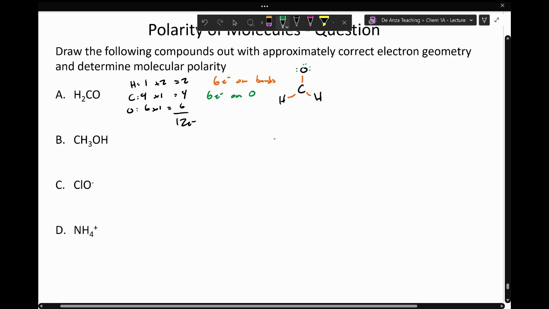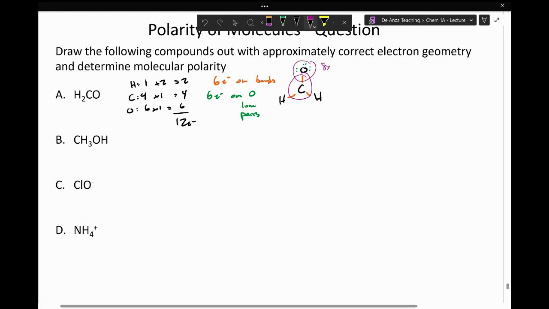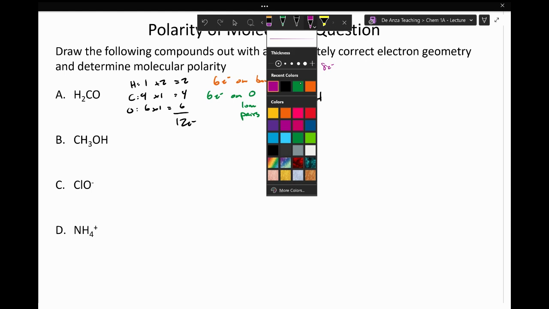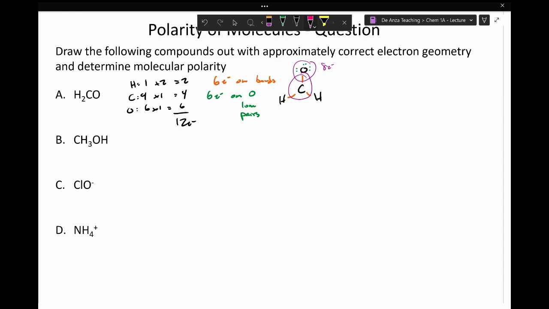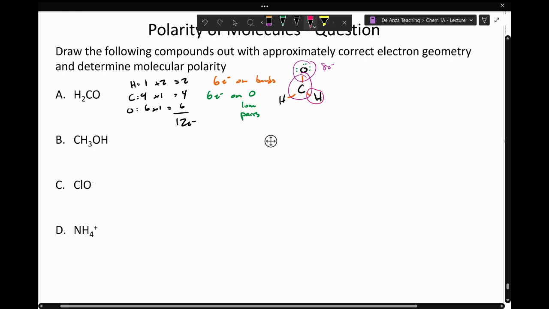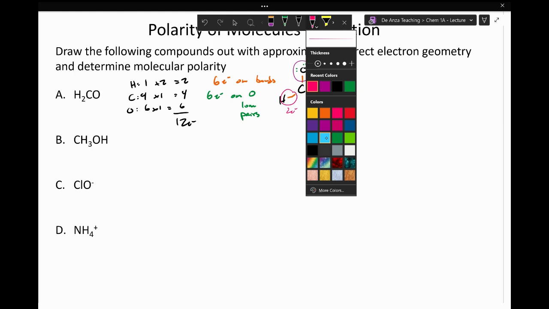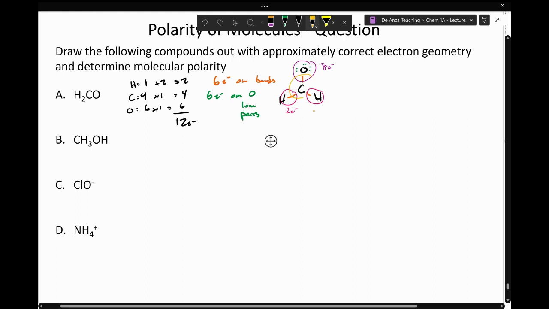But if I look, I can see that my carbon only has 6 total electrons, whereas everything else, oxygen has 8 electrons, and each of the hydrogens, I'll do in pink, each of these have 2 electrons. And so in order to get my carbon, which I'll actually circle in a different color to make it a little bit easier, we'll do that in gold, maybe. This only has 6 electrons.